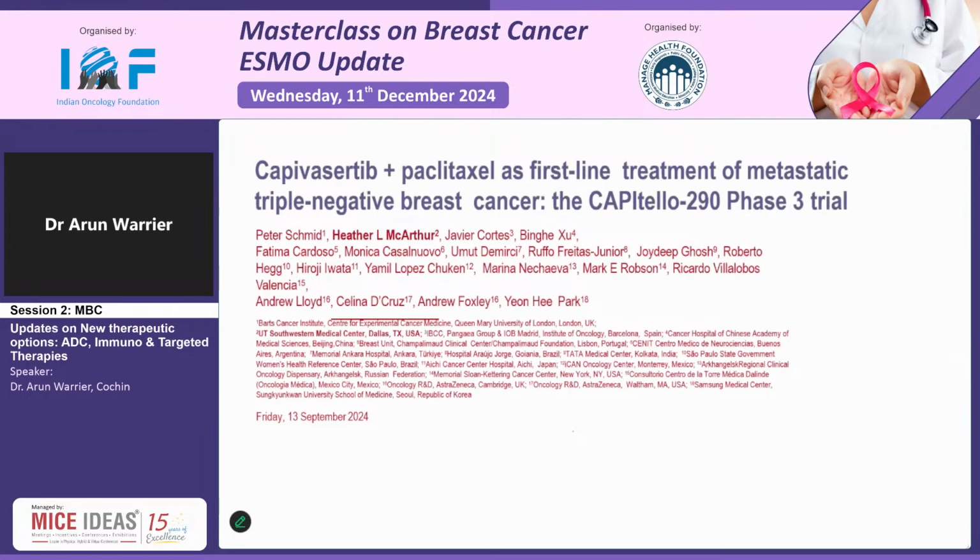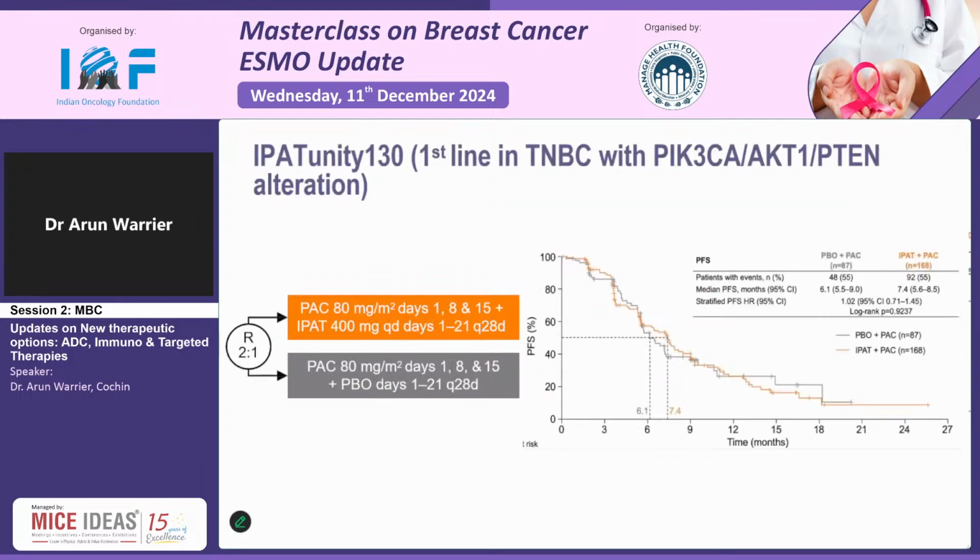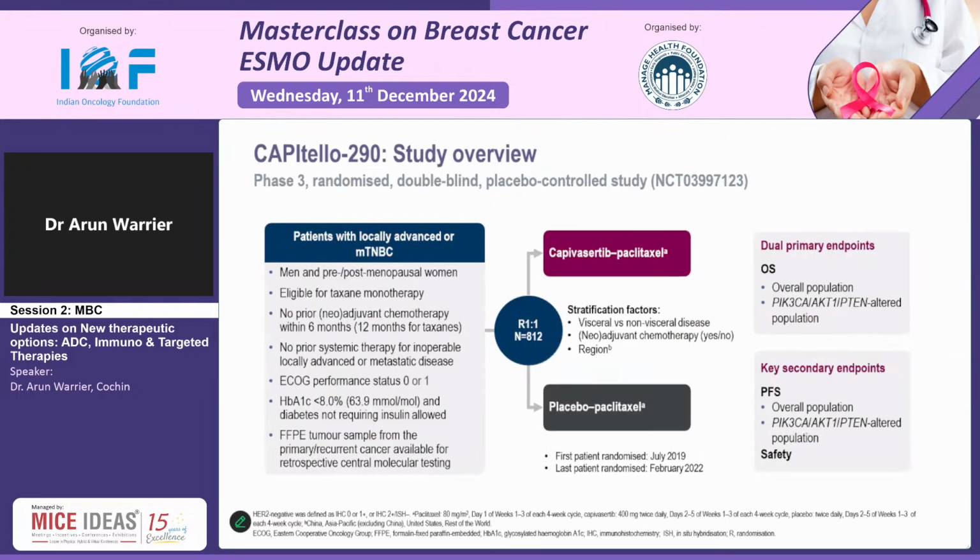So switching gears, a few slides about capivasertib, which is available for us now, plus paclitaxel as first-line treatment of metastatic triple negative breast cancer. This is the CAPItello trial, a phase 3 trial. Here, they included patients who were eligible for taxane monotherapy, who did not have any neoadjuvant chemo within 6 months, and who had a good performance status.